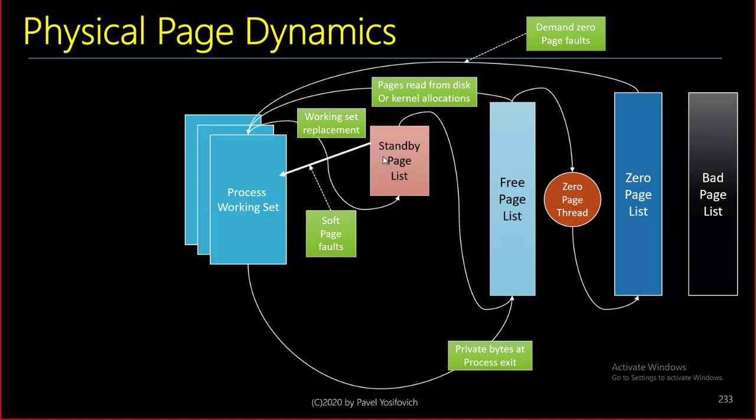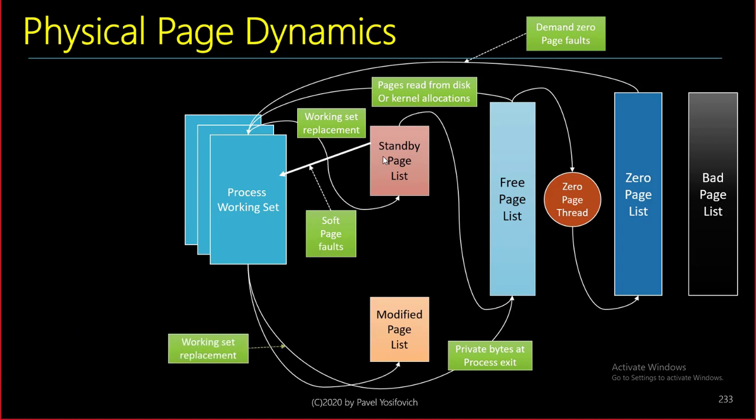If that wasn't the case, then you can't just get rid of them, and instead they'll be in a different list called the modified page list. The modified page list is a set of pages which a process used but hasn't used for a long time. The system says, that's a page in RAM that you haven't used for a long time, maybe I should take it away from you, but I'm not going to take it away immediately.